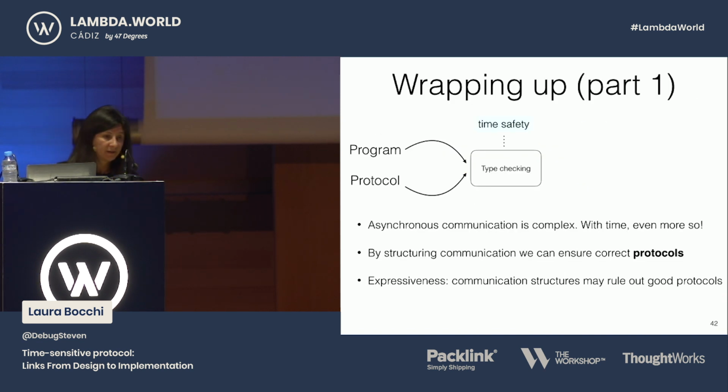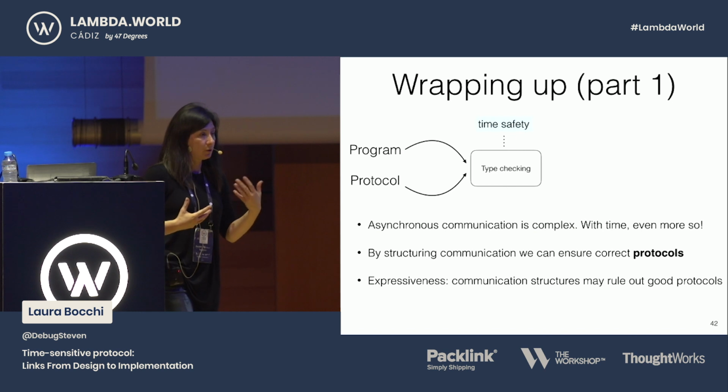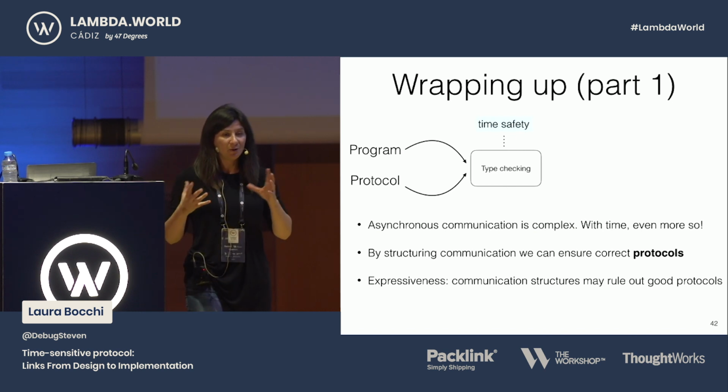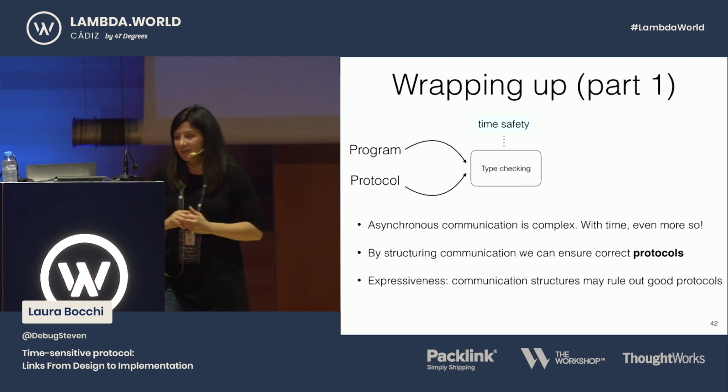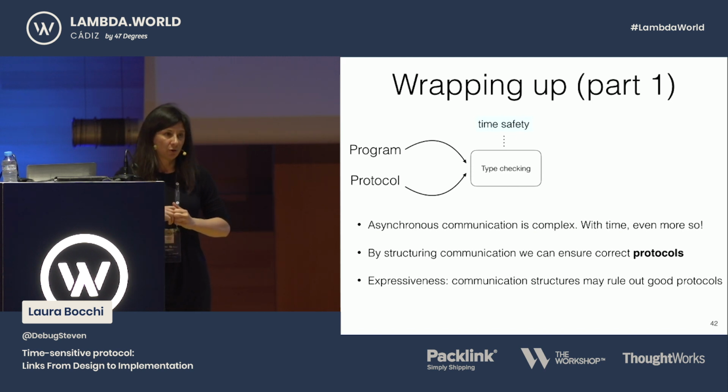Okay, quick wrap up. We have seen in the first part of the talk that asynchronous communication is complex, and with time even more so. But we have seen that by structuring communication appropriately and by looking at the appropriate semantics, we can ensure that protocols behave correctly.